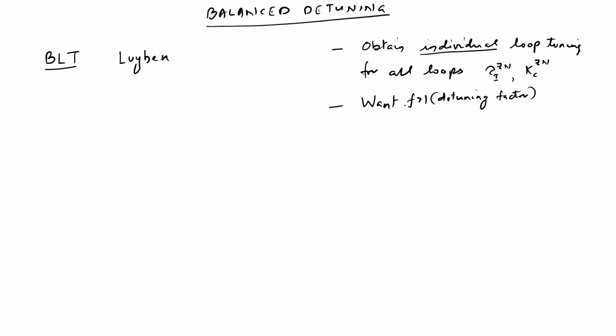The implemented tuning is going to be: Kc that you implement in a loop is going to be Kc Zn for that loop divided by f, and tau I for that loop is going to be f times tau I Zn.